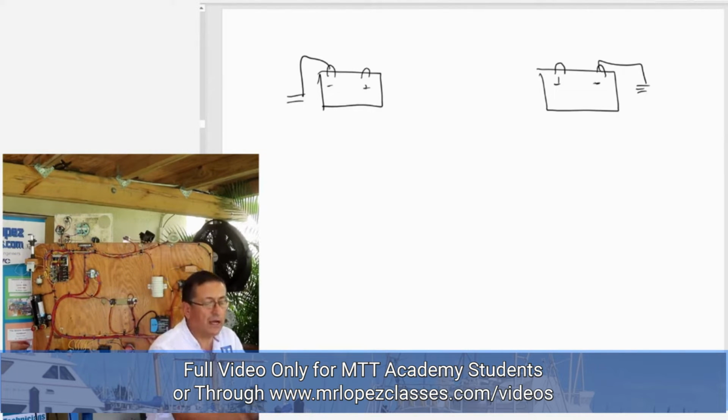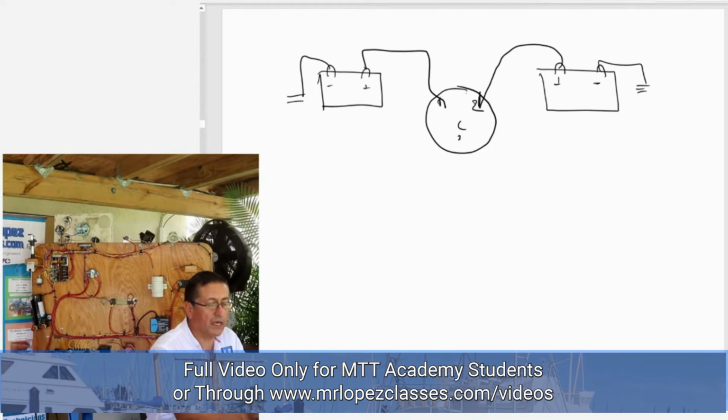We are going to learn about that in chapter number 10, dedicated to the bonding system. All right, I have here the battery switch selector, position 1, position 2, and this is the common. From the positive I enter here. From the positive of the second one I enter here. And I have the ACR.